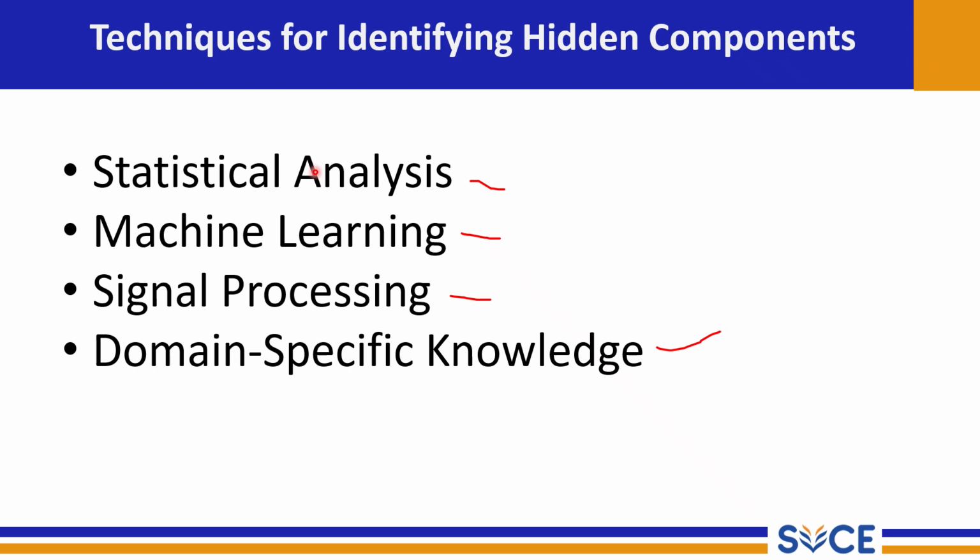Okay, and second one, machine learning, right? Machine learning algorithms can be trained to identify and extract the hidden components from the data. Here it comprises, first one, autoencoders. Autoencoders are neural networks that are trained to reconstruct their input.